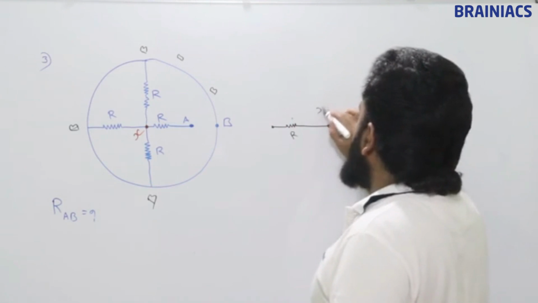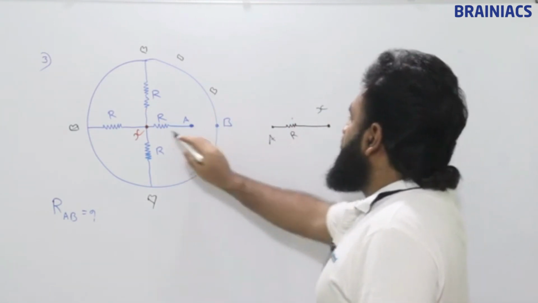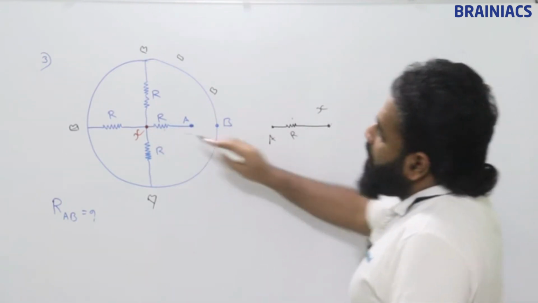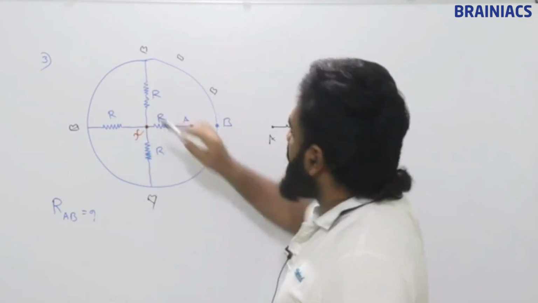So from node X, now from X to B, 3 resistances are going.